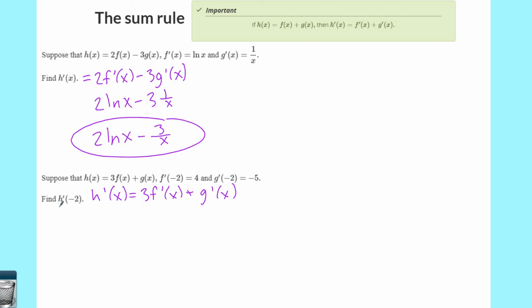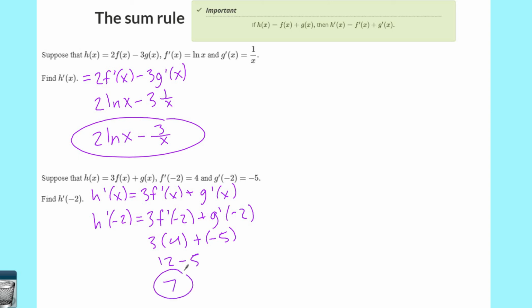We want to find the derivative at negative 2, so we plug that in. x is now negative 2. We have these answers in our directions. So now we have 3 times 4 plus negative 5. So 12 minus 5 gets us 7. Alright.